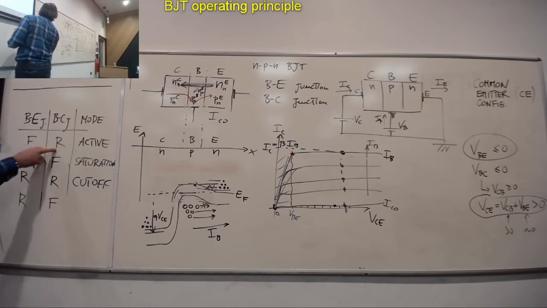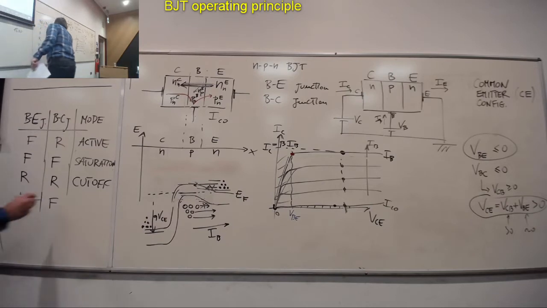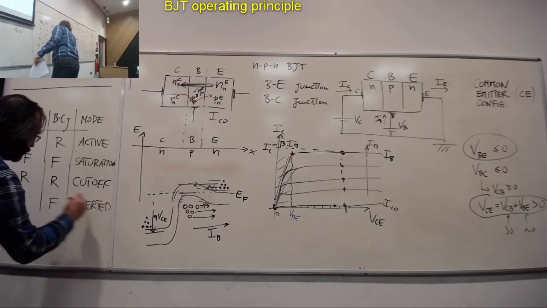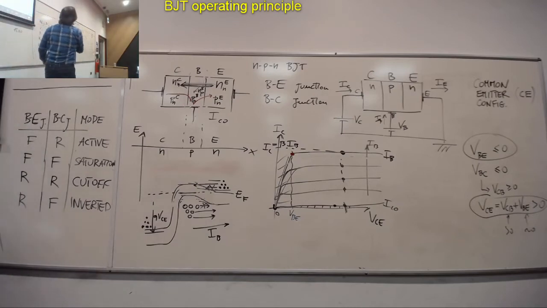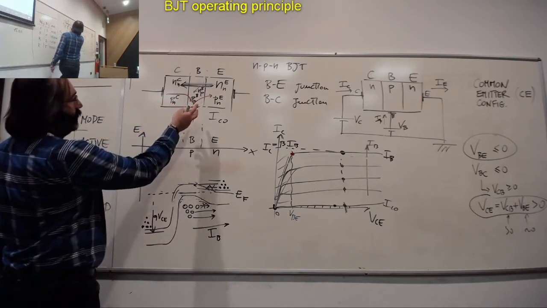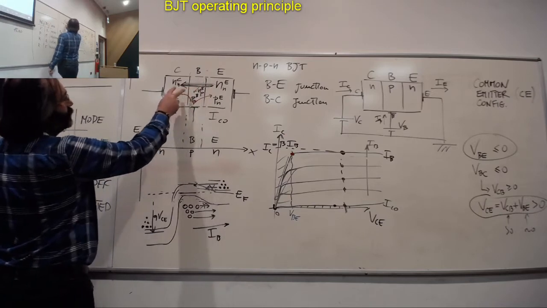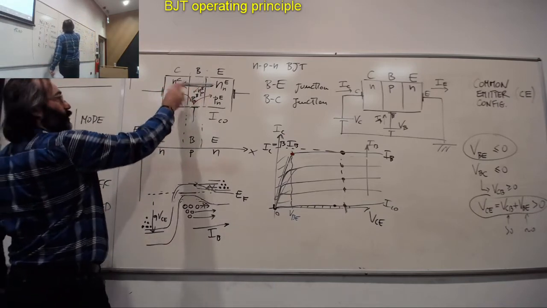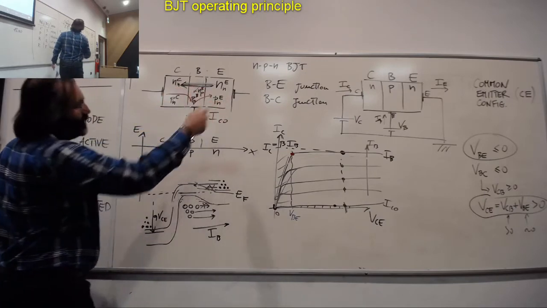You can see that it's the mirror of this, and this is called inverted. What we are doing is swapping the role of the BE junction and the BC junction. So now it is the BC junction that is forward biased, and this is reverse biased.